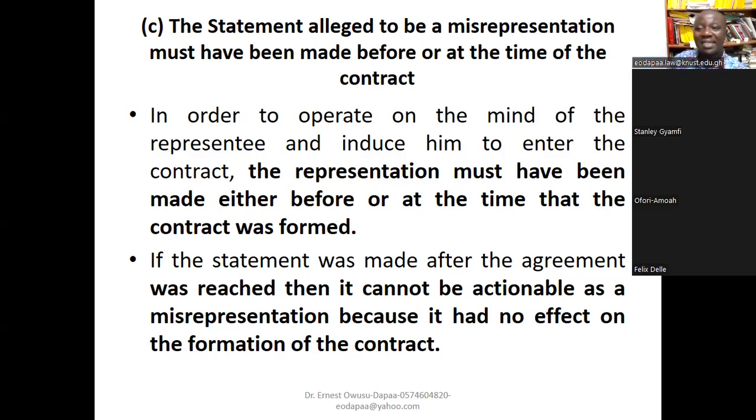We are not talking about after the contract is made. We are talking about either the pre-contractual or the contractual formation of the contract. And that is why the statement of fact, which turns out to be false, should have been made at the time that the contract was made. So let us keep that in mind.